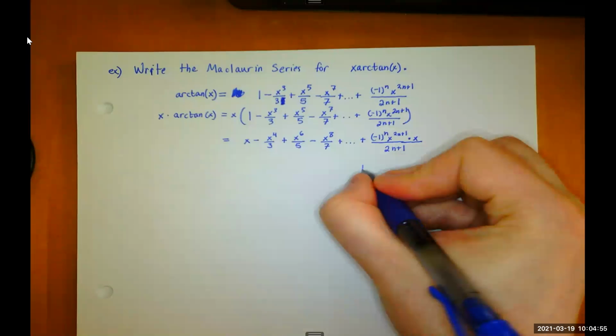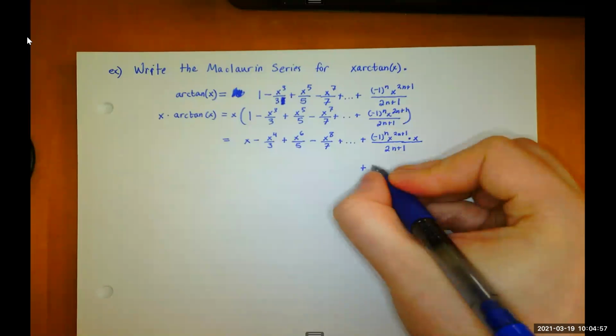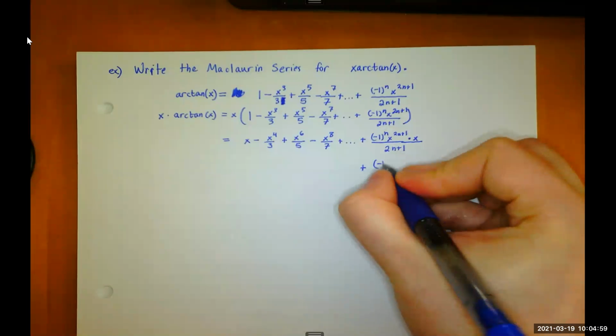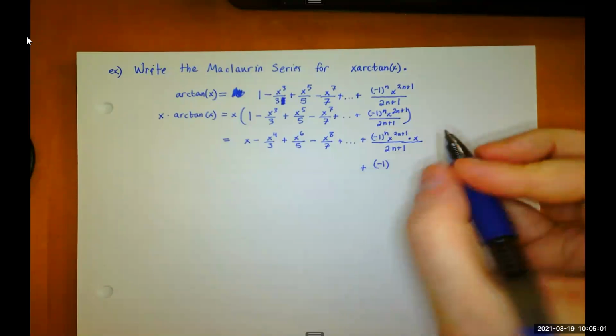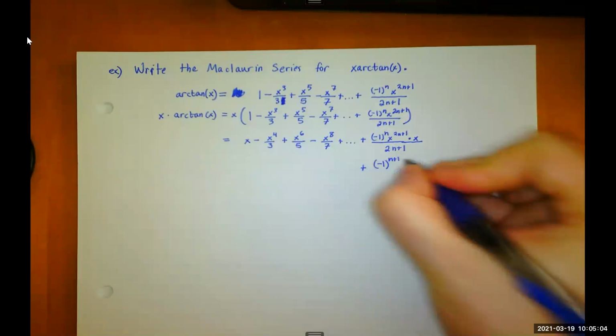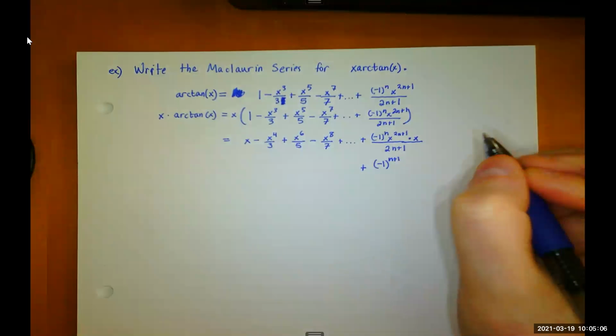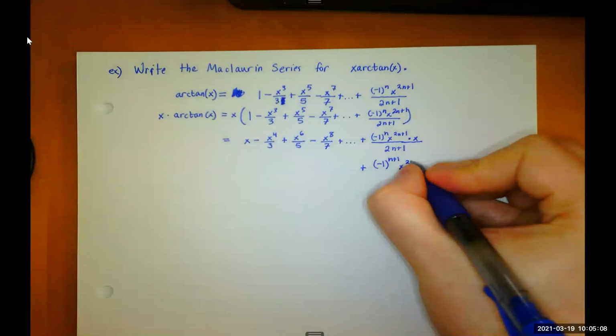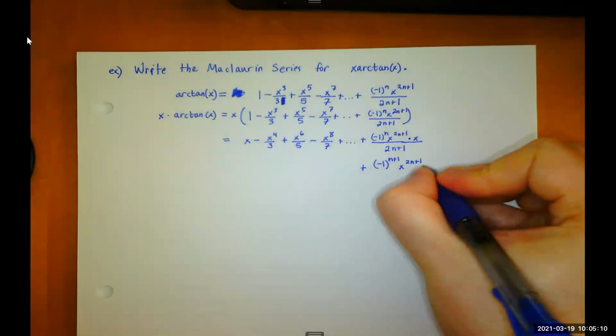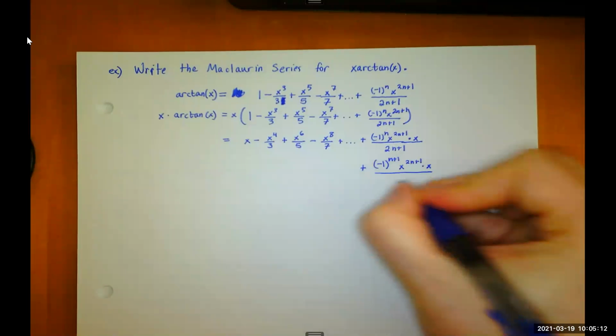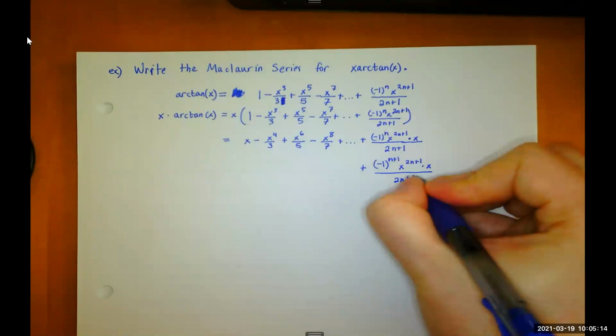Okay, what else can we try? What if we do negative 1 to the n plus 1, x to the 2n plus 1 times x? Does that work? What do you think?